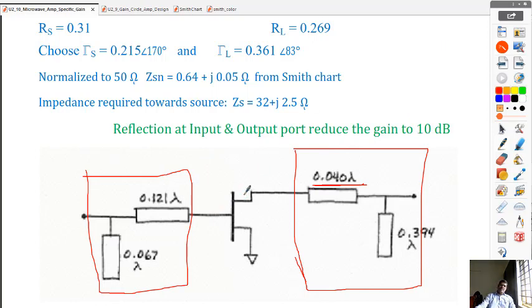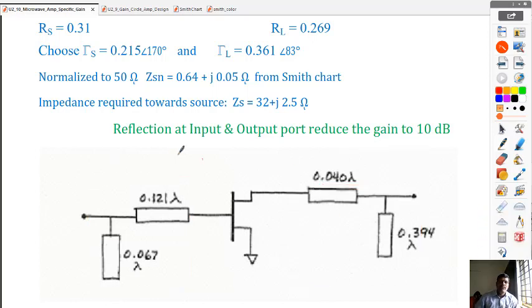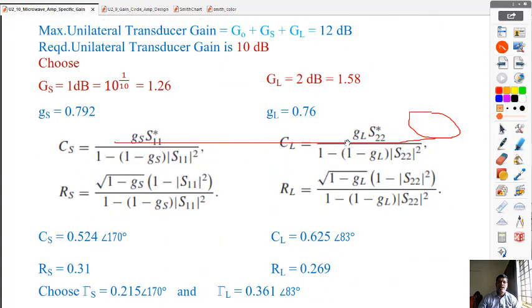We can use the same technique to compute the Q point according to the mode of operation of the amplifier. What we did here is that reflection at the input and output ports reduces the gain to 10 dB from the maximum available gain of 12 dB.